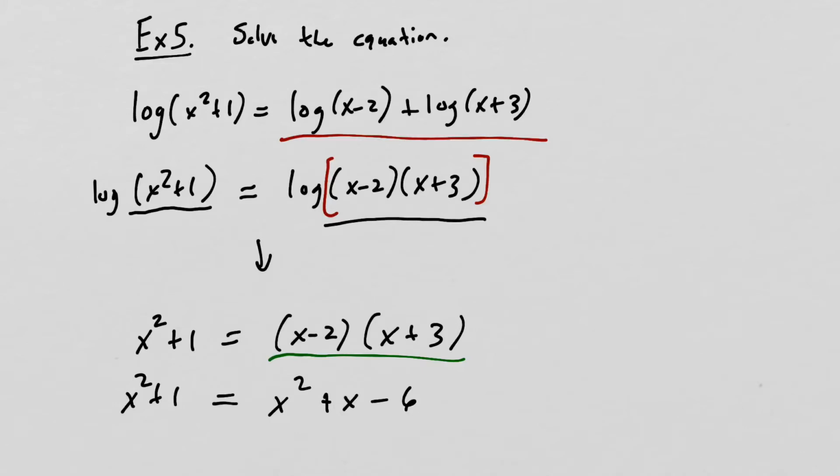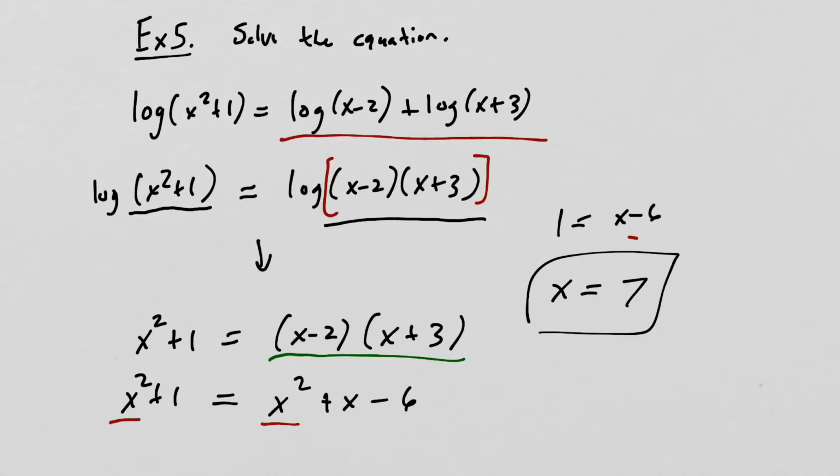Now we just need to solve for x. Subtracting an x squared on the right-hand side subtracts an x squared on the left-hand side, and we're left with 1 is equal to x minus 6. Excuse me, I should have said adding 6 on both sides. So the solution to this logarithmic equation is x is equal to 7.